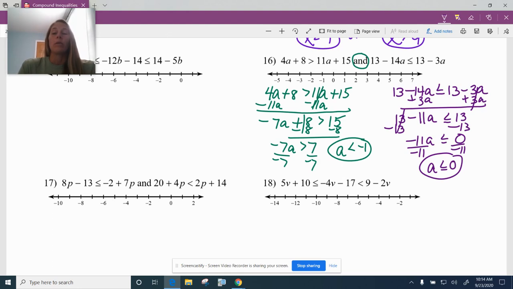So now, if I go to graph this, a is less than -1. So here's my -1. Here's the less than. And a is less than or equal to 0.